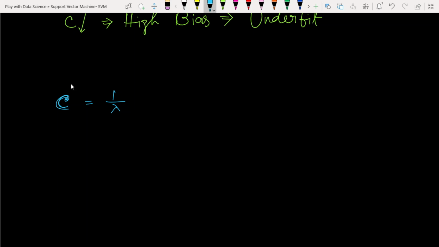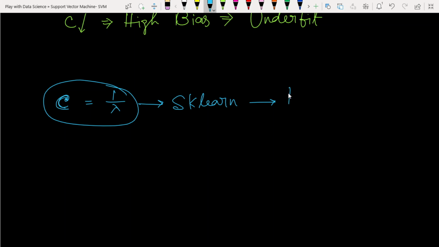In sklearn's logistic regression, we have not taken the hyperparameter lambda, but both are the same thing, just inversely proportional to each other.